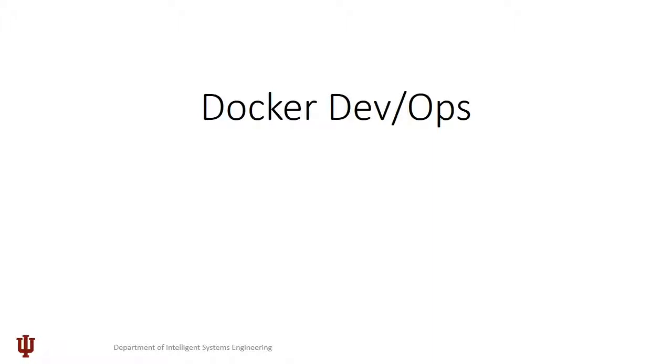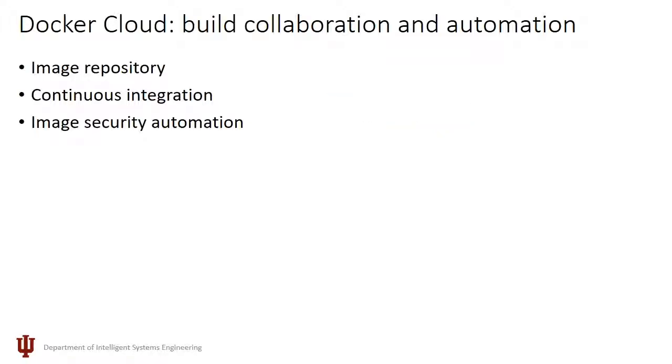Docker is naturally important for DevOps, and DevOps is, as I mentioned already, the integration of development and systems activities that are typically done by system administrators. Docker supports DevOps through an image repository, continuous integration, and image security automation.